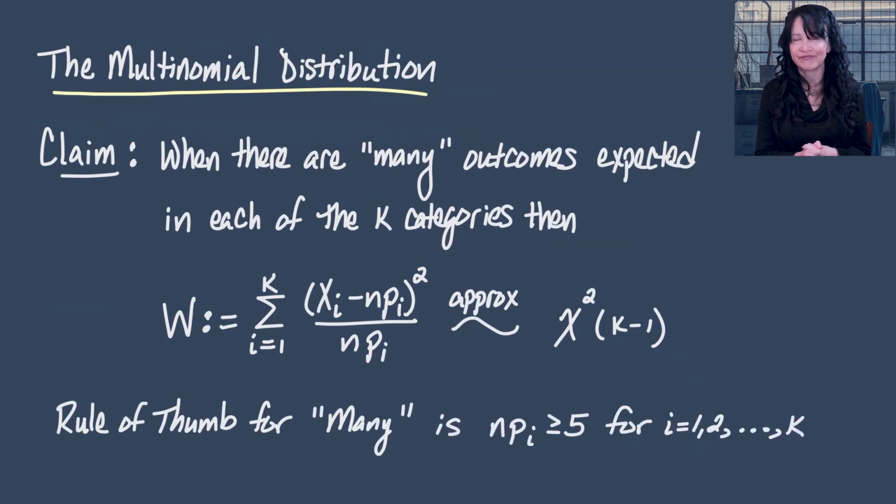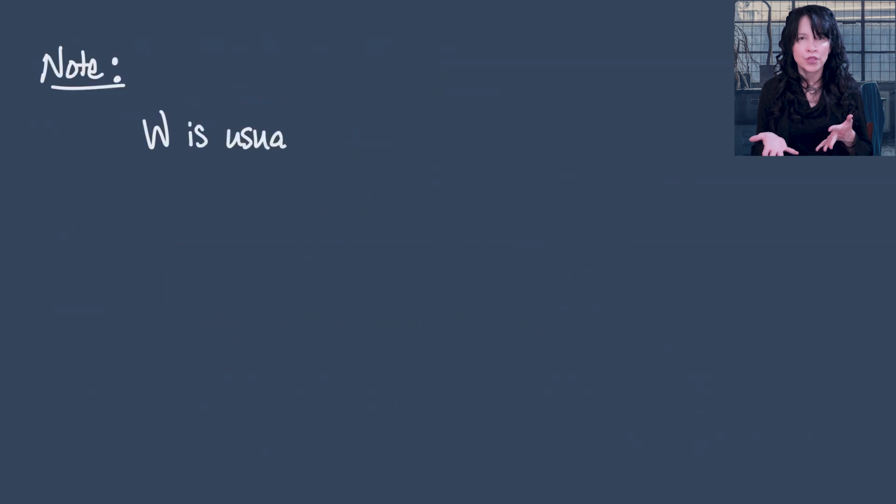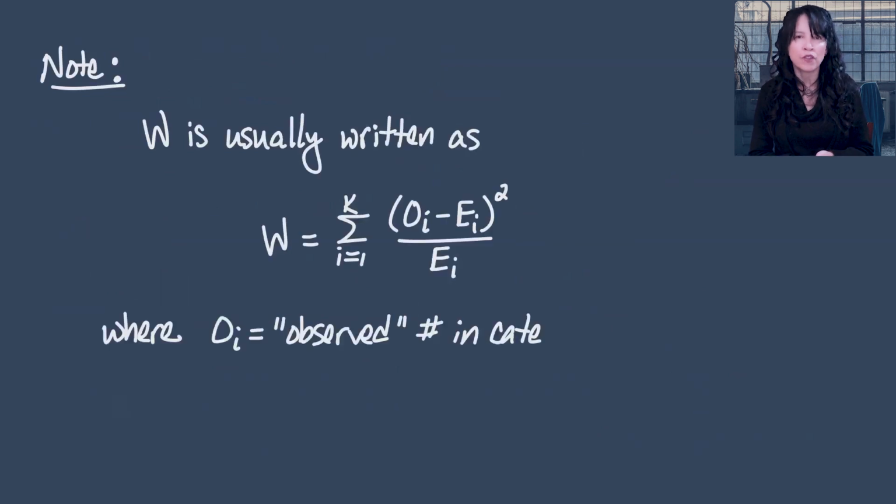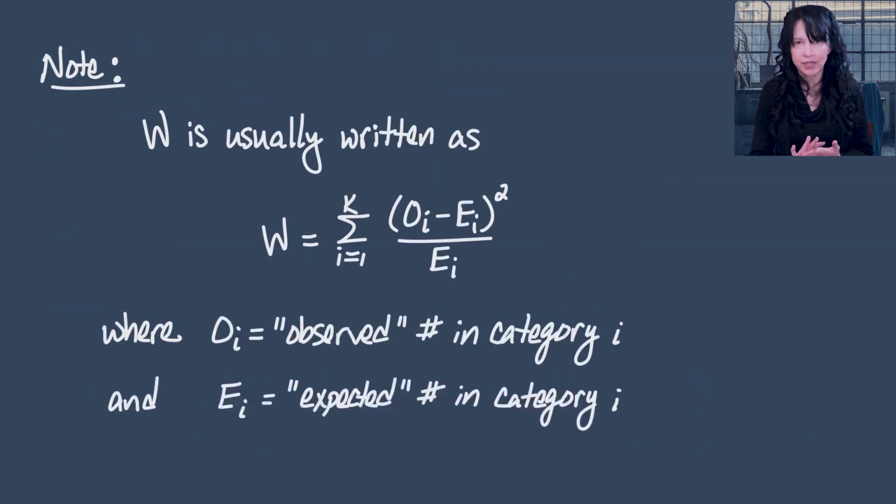Now, our X sub i is the number of outcomes that fell into category i. And you can think of that as your observation after you have divvied up your n outcomes into buckets. And this W is usually written like this, where this capital O sub i stands for the number observed in category i, and this capital E sub i stands for the expected number in category i, which was n times p sub i.